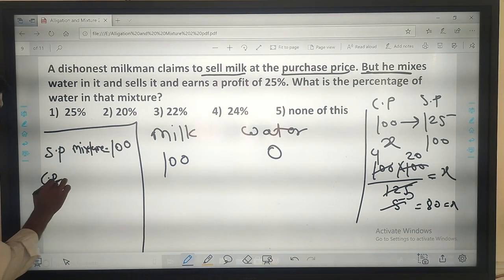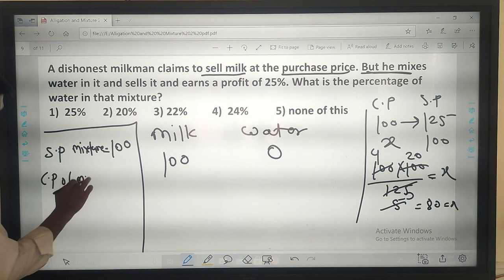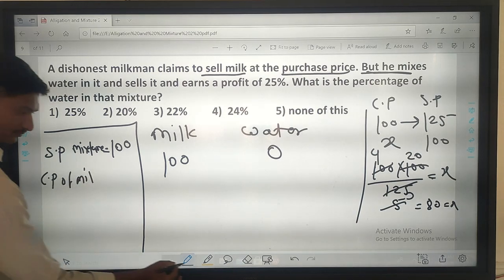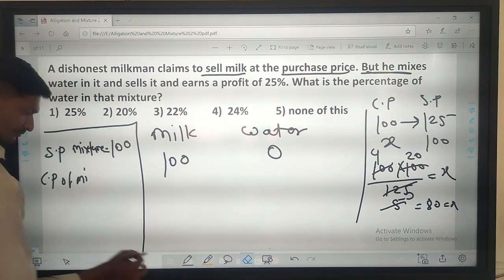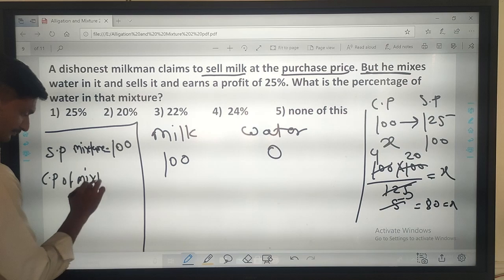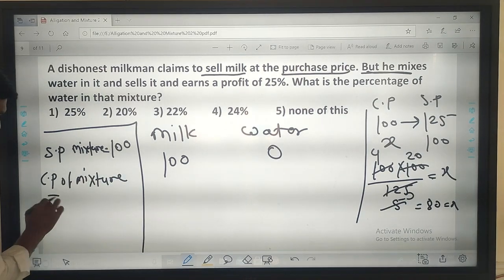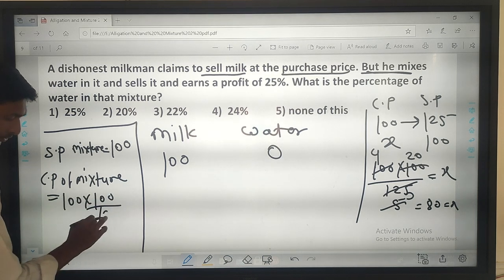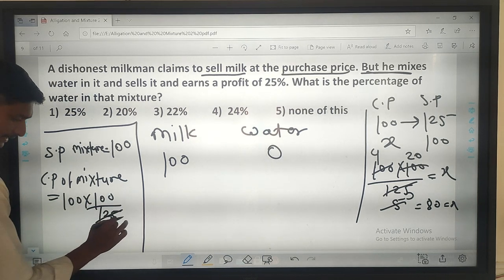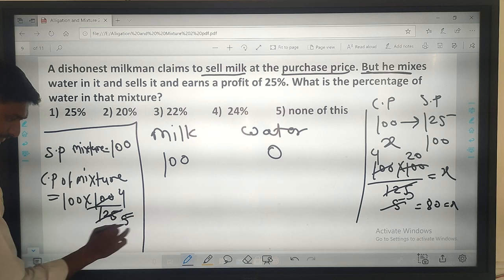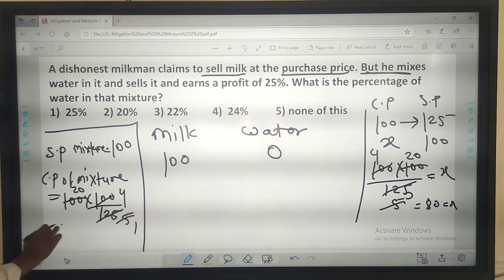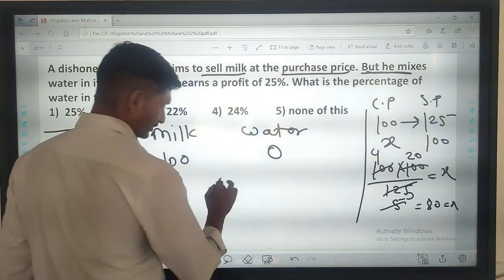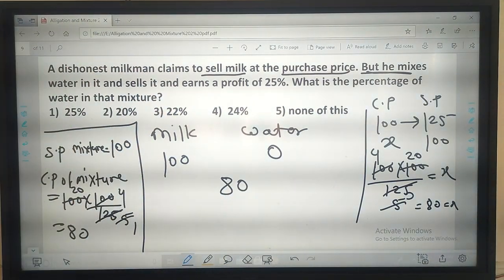Then the selling price of the mixture is 100 into 100 divided by 125. We write directly, it is 80. Then the cost price of the mixture is 80.